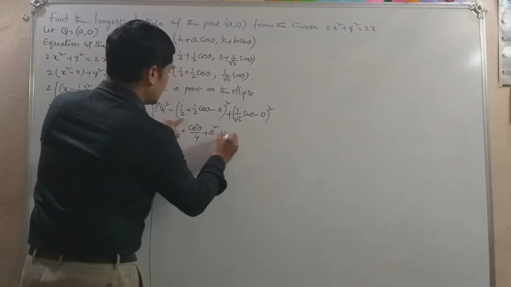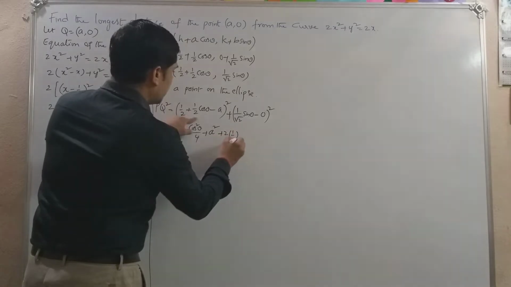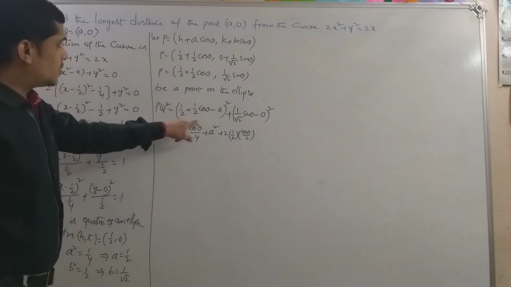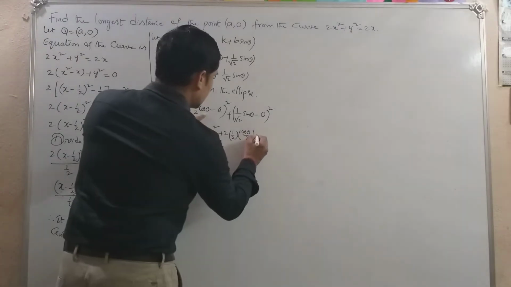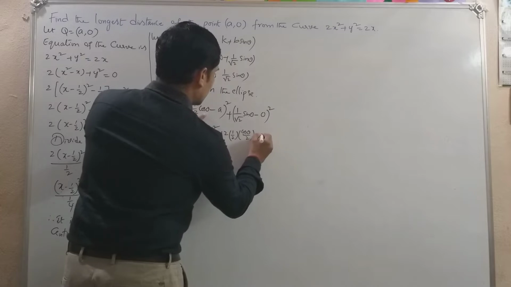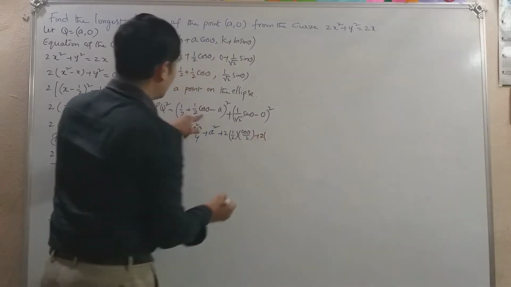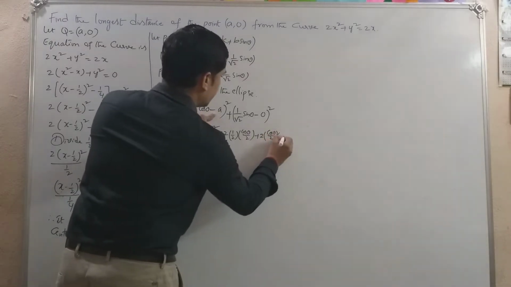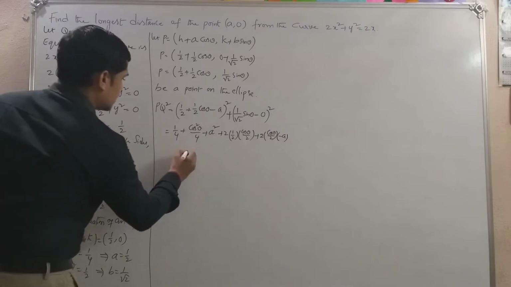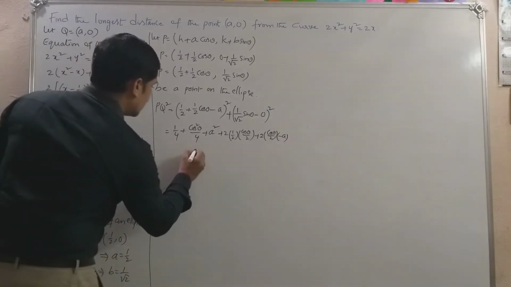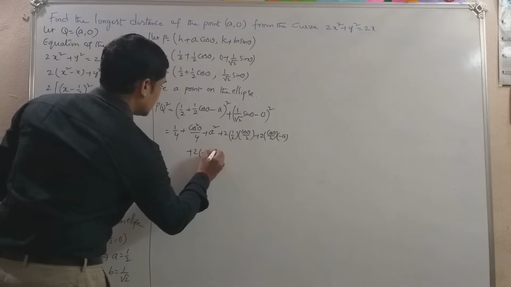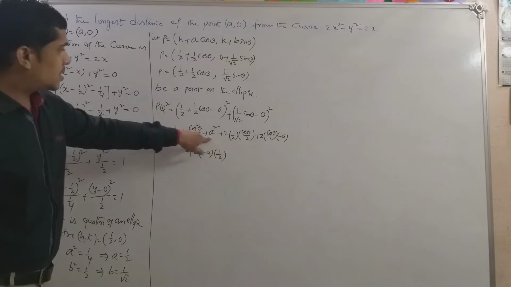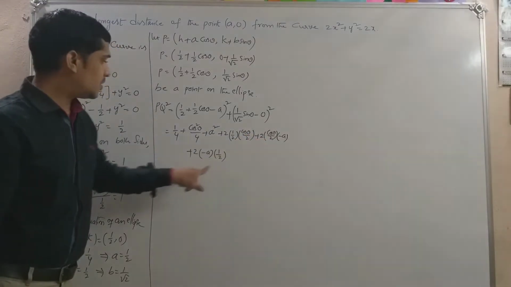Plus 2 into a value 1/2 and b value cos θ/2, that is 2ab, plus 2bc, that is 2 into b value cos θ/2 and c value −a, plus 2ca, that is 2 into c value −a into 1/2.